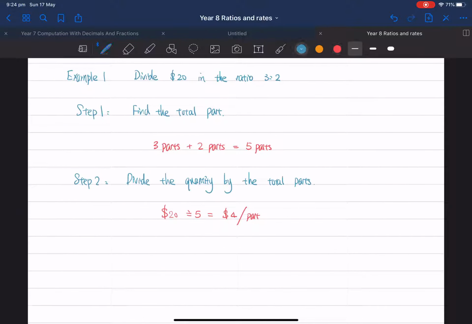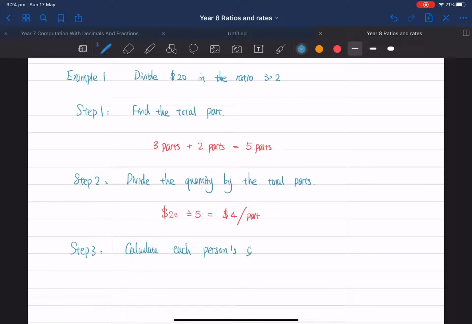So if each part is $4, then the last step is you simply find out each share. Calculate each person's share. The question is 3-to-2 parts, so all we have to do is use 3 times $4.